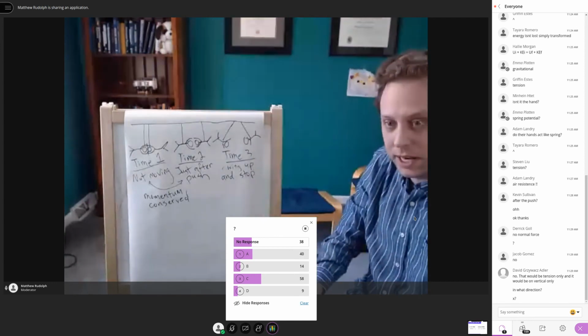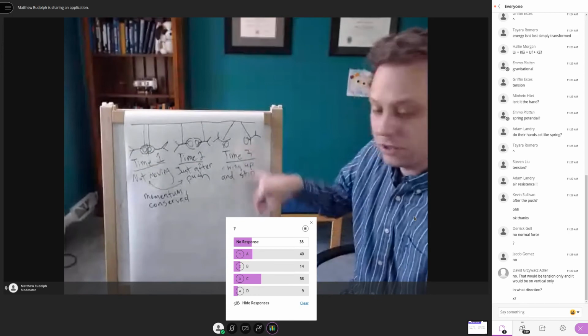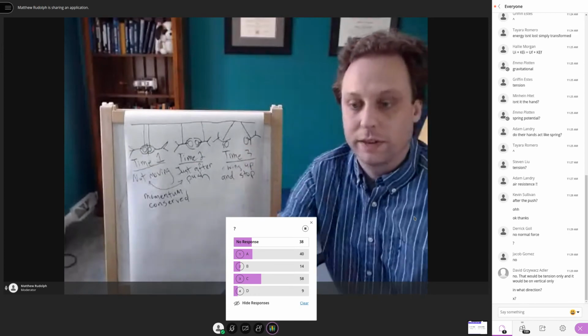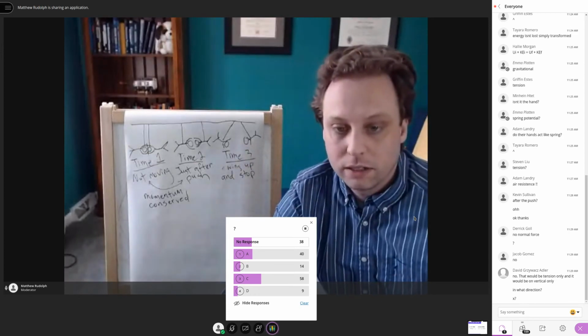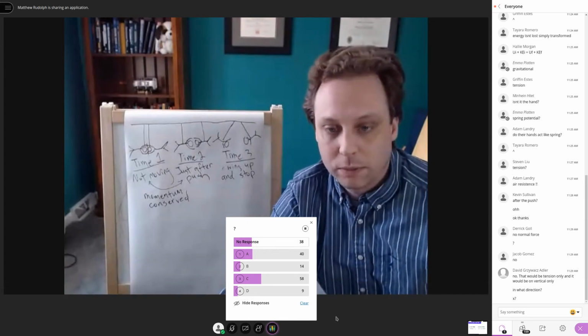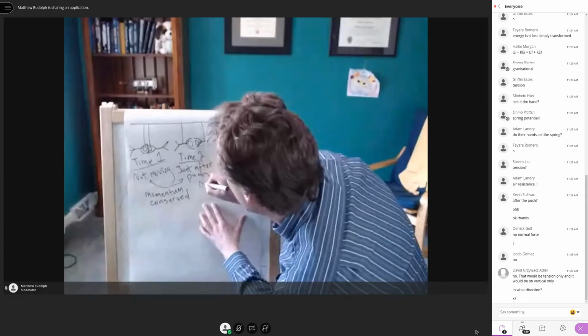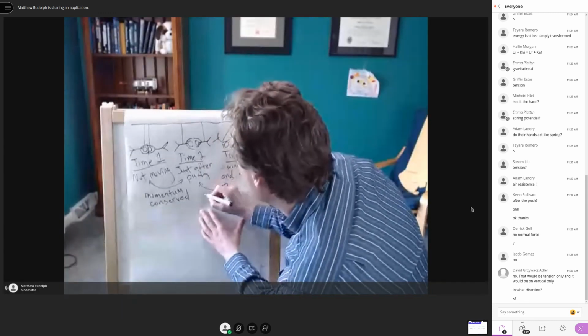So it picks up momentum in the negative direction if it was positive before. And so you don't have to conserve momentum just because you conserve energy. So the answer here is actually C. That was the most popular one. That's good. So you have to think about momentum and energy separately. And so what you get here is that energy is conserved.